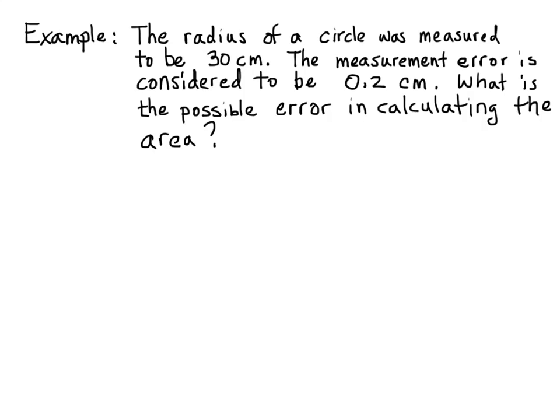Okay, so I can calculate the area of the circle. That's easy. That's going to be pi r squared. But if I know my r could be off by 0.2 of a centimeter, how much off could my area be? So this is kind of an error analysis thing.